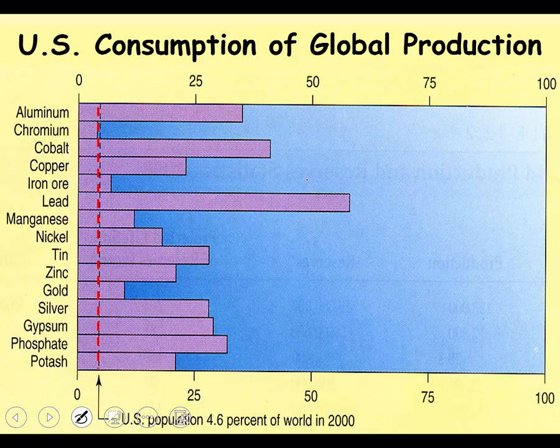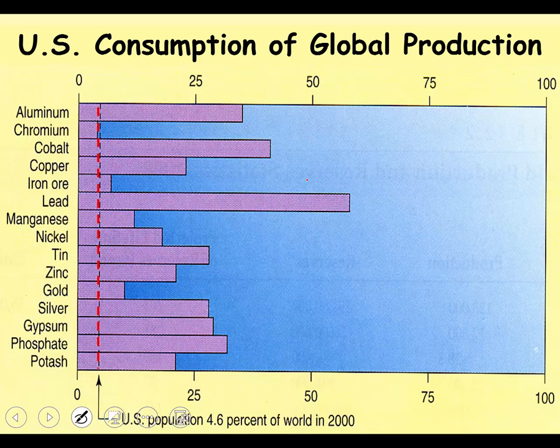Okay. Well, these are just some metals for the most part. Well, minerals, let's say, some of which are metals. And that's our consumption as a function of global production. This is our percentage of population.